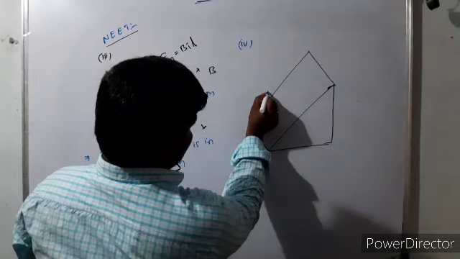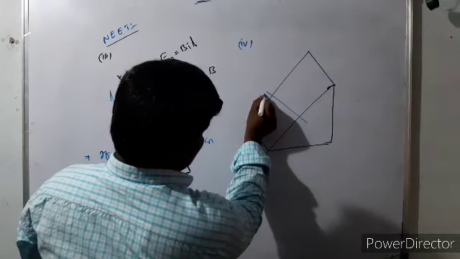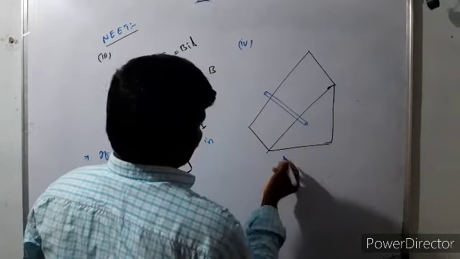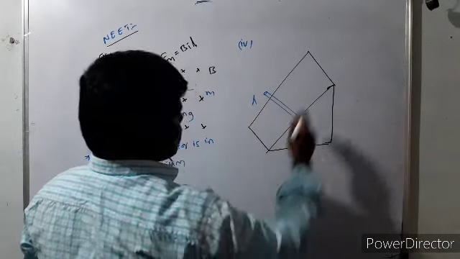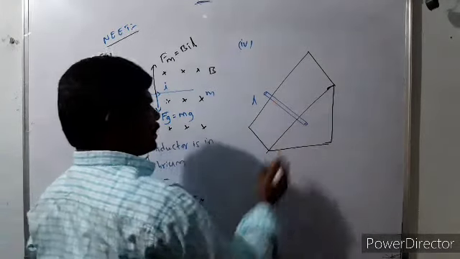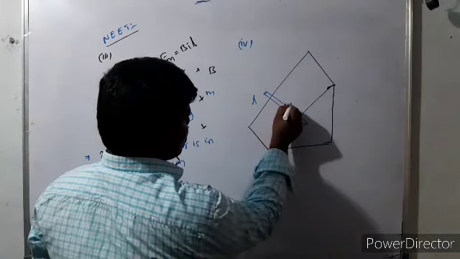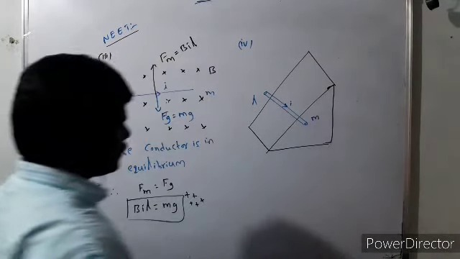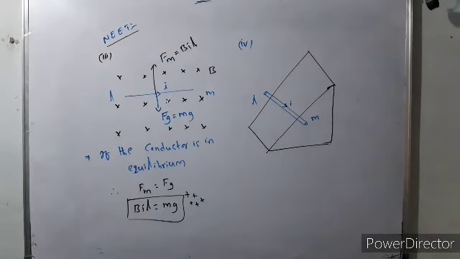There is a conductor of length L, a single conductor or wire of length L, lying on the plane surface of the inclined plane, carrying current I amperes. Let M be the mass of this wire or conductor.